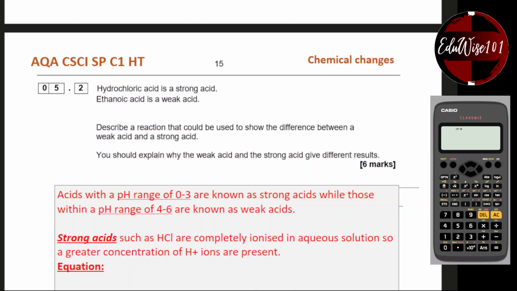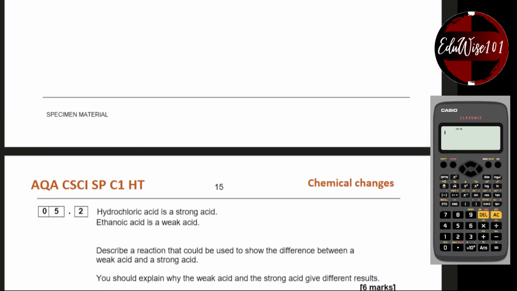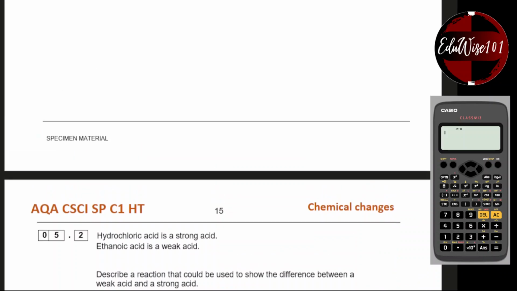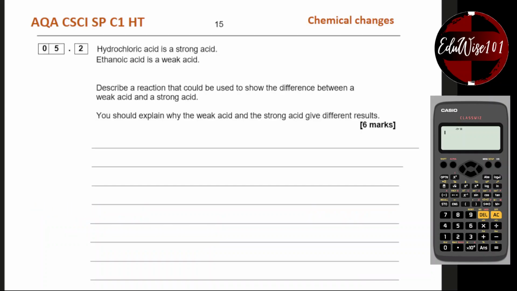Hydrochloric acid is a strong acid. Question 5.2. Hydrochloric acid is a strong acid. Ethanoic acid is a weak acid. So hydrochloric acid, we write it like so, HCl.